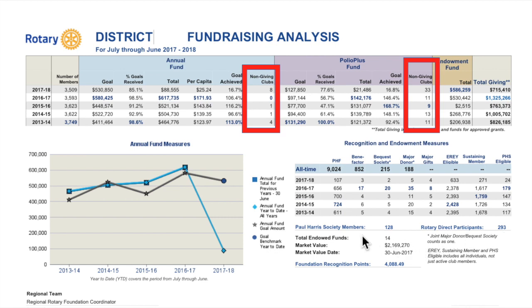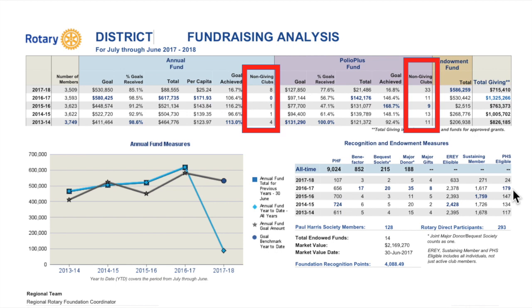Also, I want to point out the Paul Harris Society members here at 128, but if you look up here in this column, the Paul Harris Society eligible, in the prior year there was 179. What that means is that there have been 179 Rotarians who have donated at least $1,000 to either the annual fund, Polio Plus, or a global grant, yet they haven't filled out the paperwork to declare that they are part of the Paul Harris Society and receive the appropriate recognition for that.